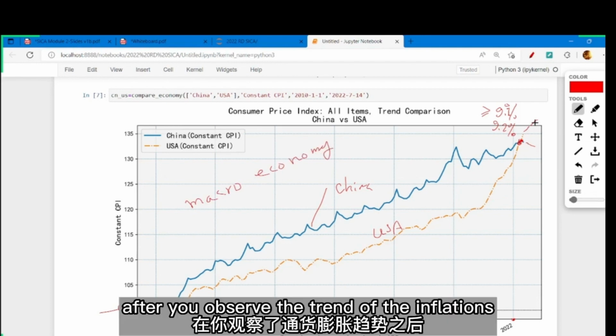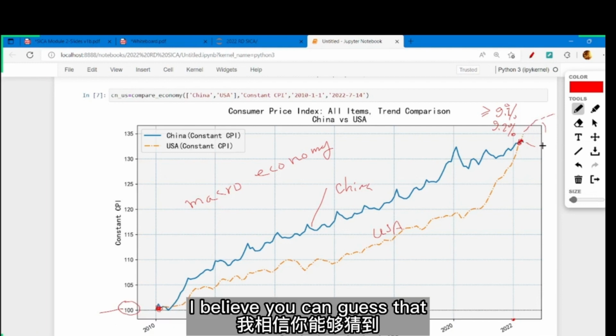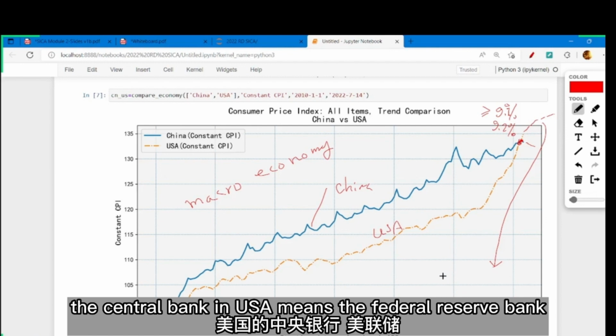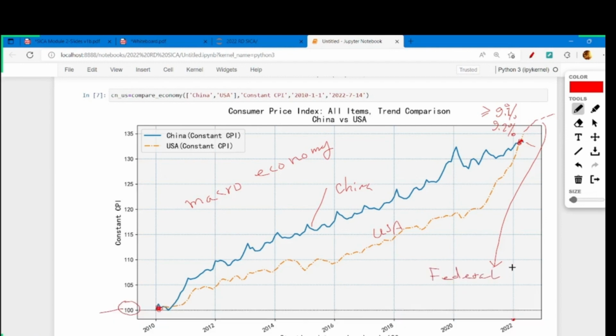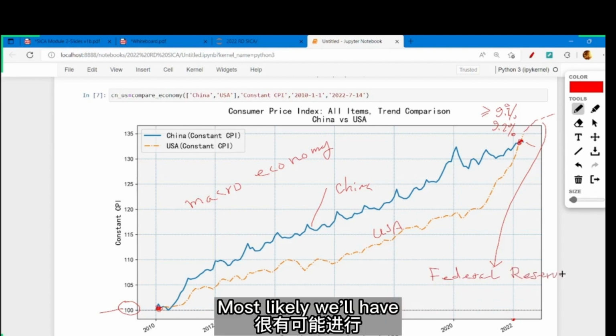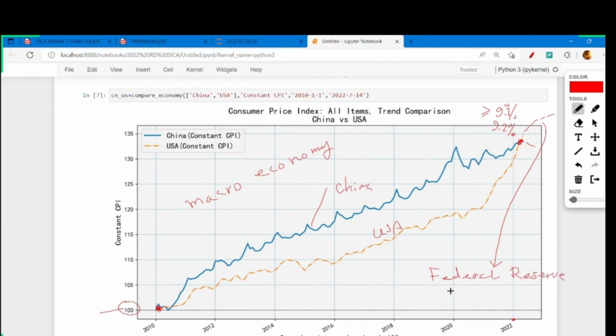And after you observe the trend of the inflations, I believe you can guess that the central bank in USA, it means the Federal Reserve Bank, most likely will have new actions.